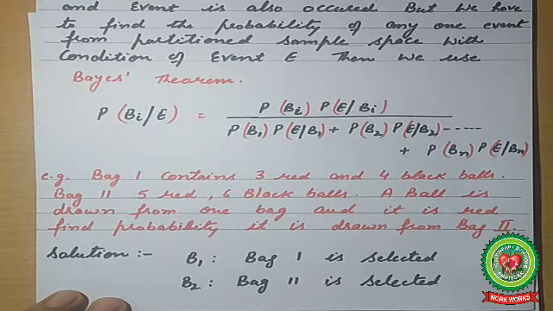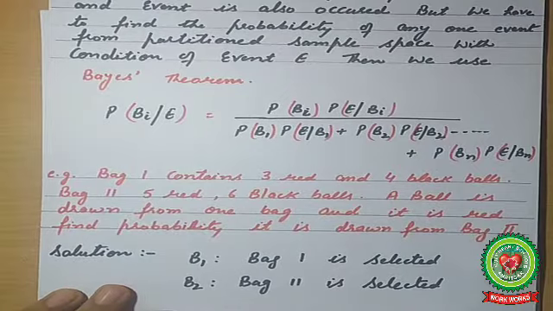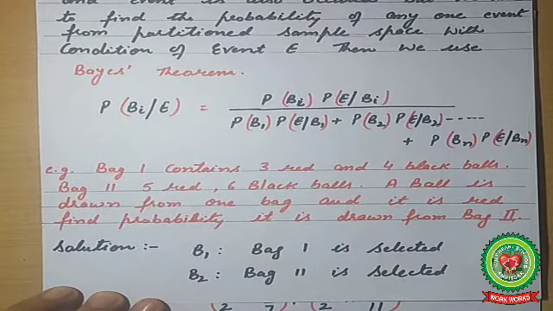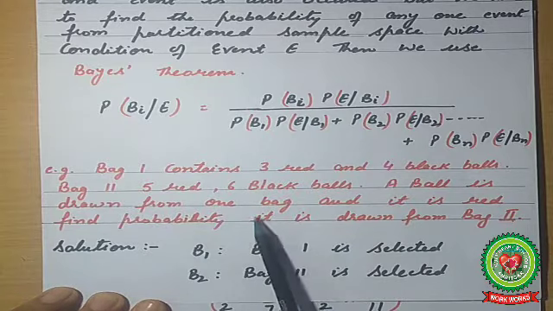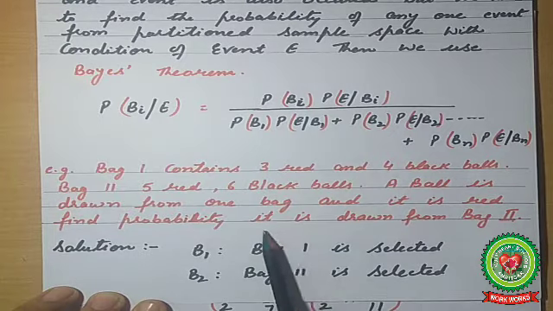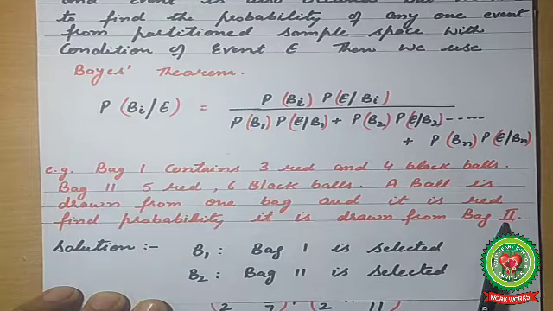We have already mentioned the color there. In total probability, we don't know the color. Find the probability that it is drawn from bag 2. We also know the ball color, and we have to find the probability that it is drawn from bag 2.